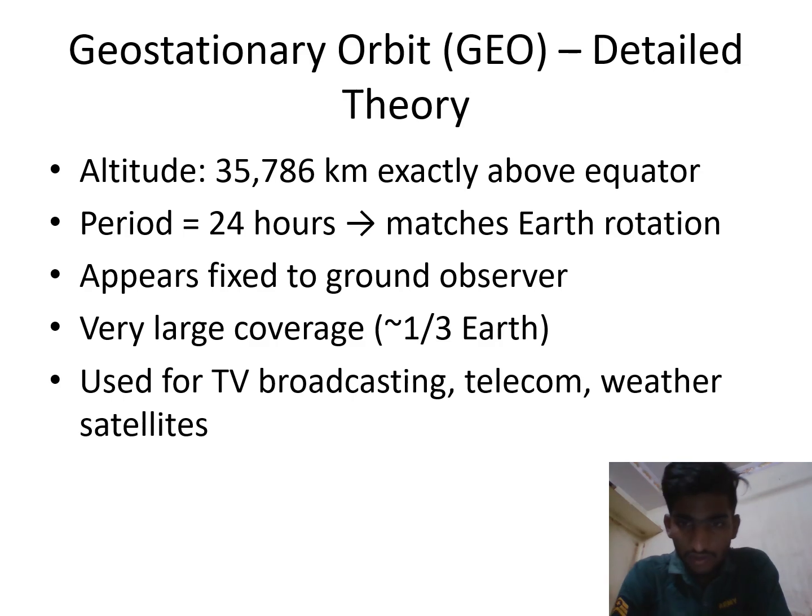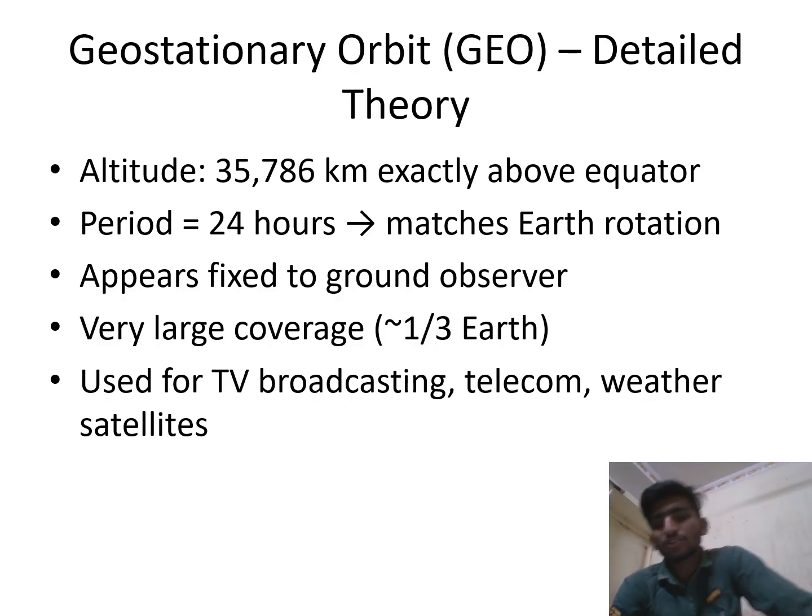Shortly, we can say GEO. GEO is above MEO and its distance is around 36,000 kilometers. It's exactly above the equator. Its time period is 24 hours to match the Earth's rotation, and to complete one revolution it takes 24 hours, equal to the Earth's rotational speed.